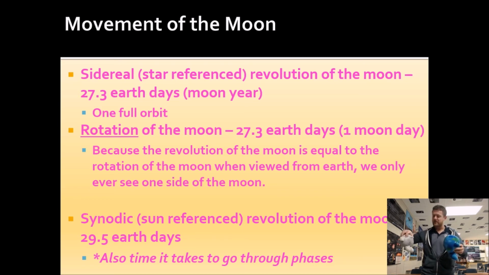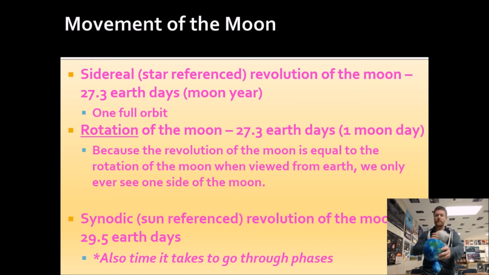What's going to happen is as the moon is orbiting, it doesn't stay facing the same direction. The face of the moon is going to always be facing planet Earth. And the only way for that to happen is that as the moon is going around, it's also doing this. So the moon is spinning.